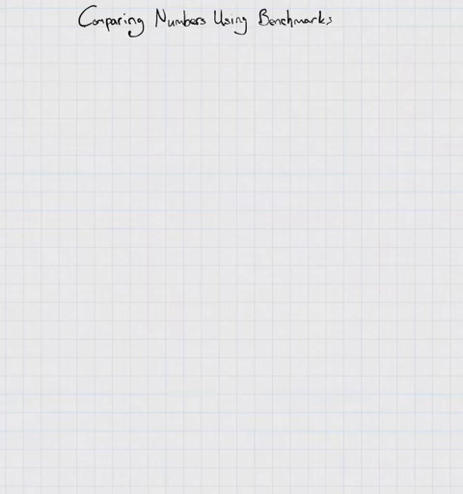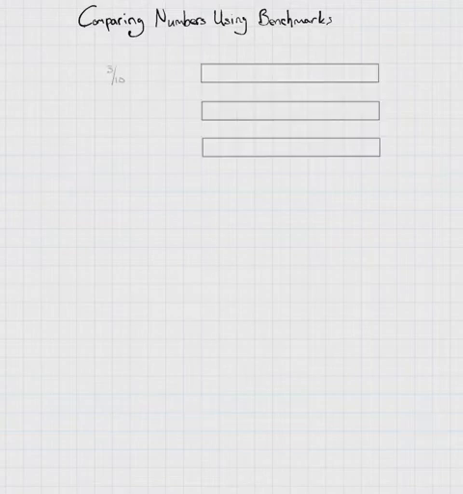Today we are going to be talking about comparing numbers using benchmarks or a benchmark fraction. And what that means is we will take a fraction that we've got and we will compare that to a fraction that we already know really well, either a whole, a half, or zero.